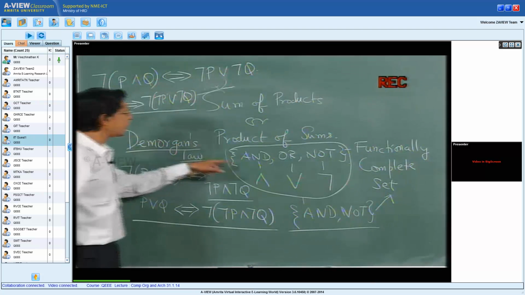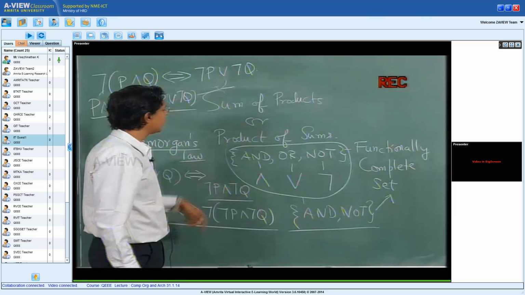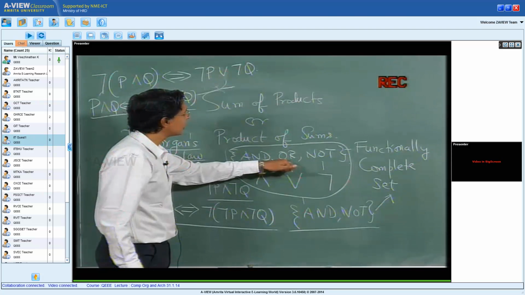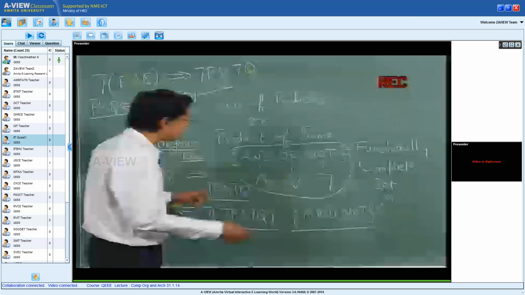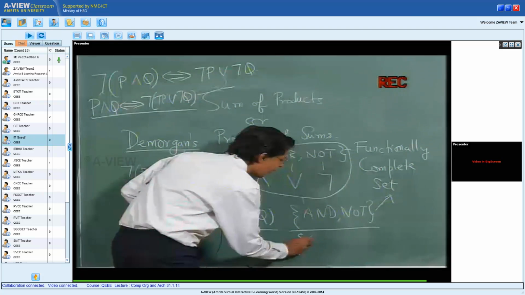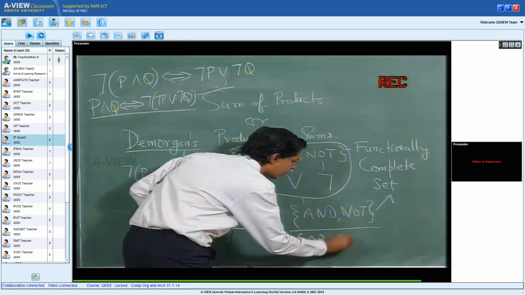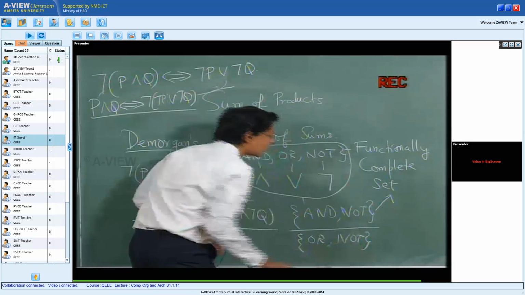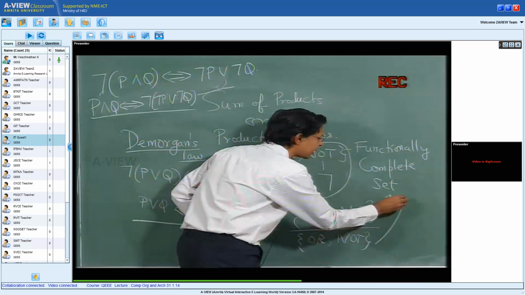So if I take this set AND, OR, NOT, the AND function can be realized using OR and NOT. So by this we infer that OR NOT is also a functionally complete set.